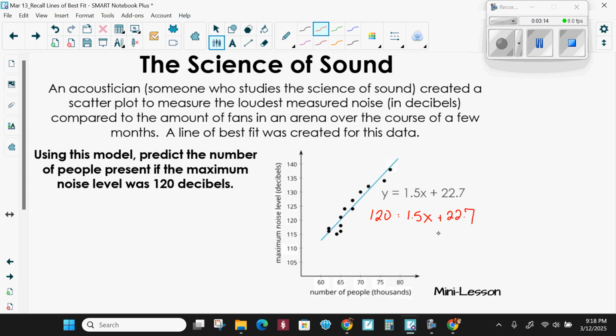We're going to subtract the 22.7, and that gives us 97.3. We're going to divide that by 1.5, and that tells us that 64.9 thousand people there. So that's 64,900 people.